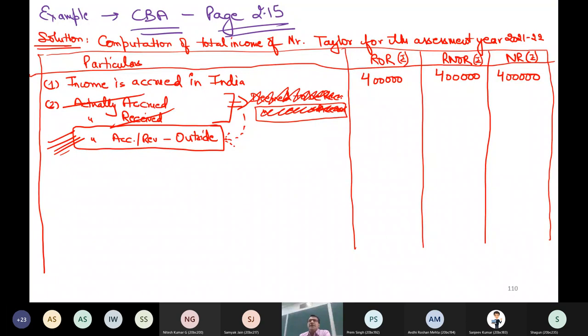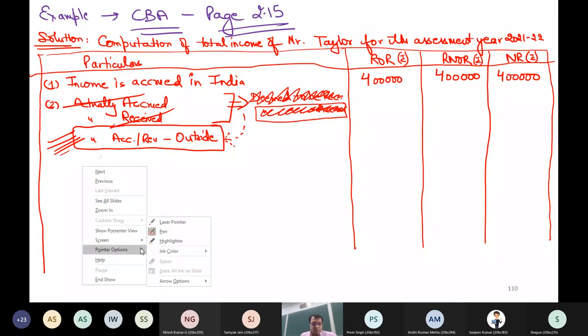Now, when I have finalized that the income is not actually received in India, I have finalized that income is not actually accrued in India, I have finalized that income is not deemed to be accrued in India. So that means it was sure that income is received as well as accrued outside India. So I'm going to apply those provisions now where income is received as well as accrued outside India.